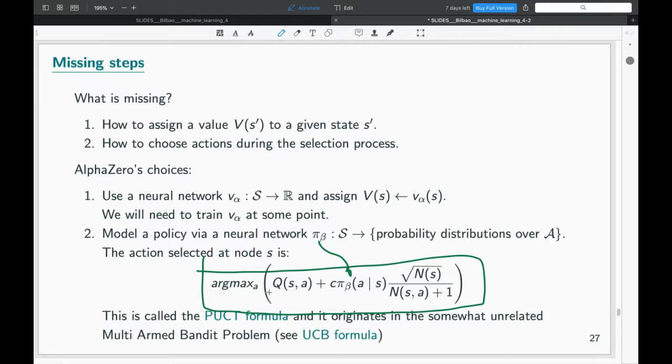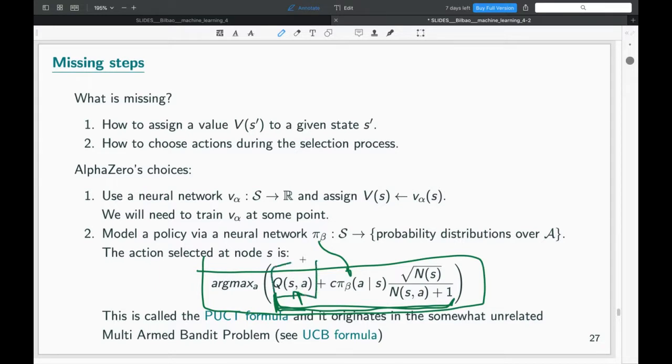What is this formula saying? Basically, it's saying you have to choose the action that maximizes this thing. And what is this thing? This is the value of choosing action A at state S, which, remember, is the average of the values of the states below the edge SA.